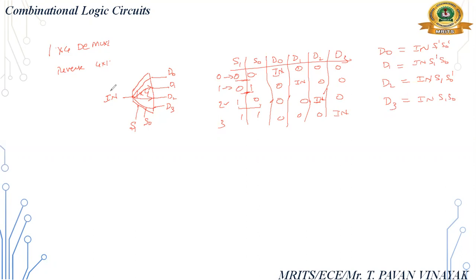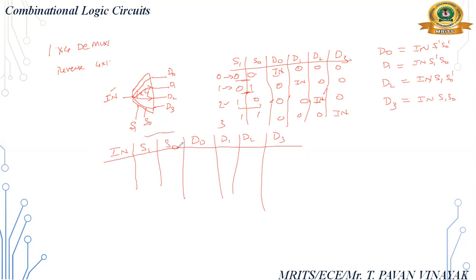Now I am taking IN also as input. So three inputs, IN, S1, S0. Four outputs, D0, D1, D2, D3. So three inputs means how many combinations we get? 0 to 7. 0, 0, 0, 0, 0, 1, 0, 1, 0, 0, 1, 1. Okay.